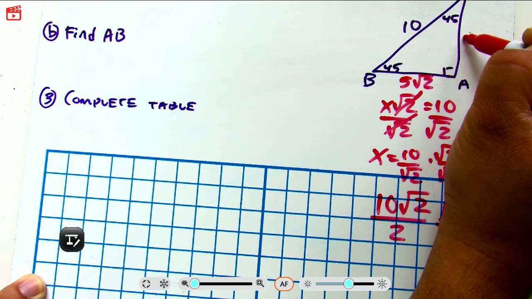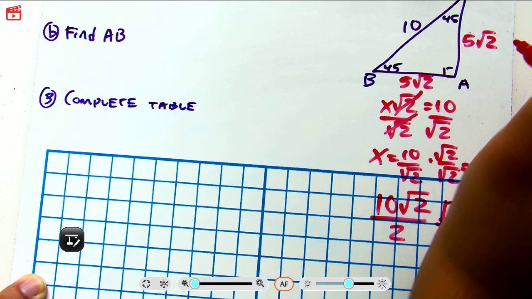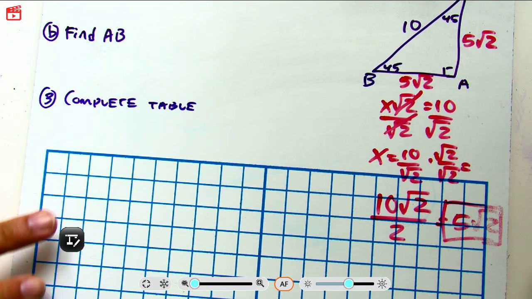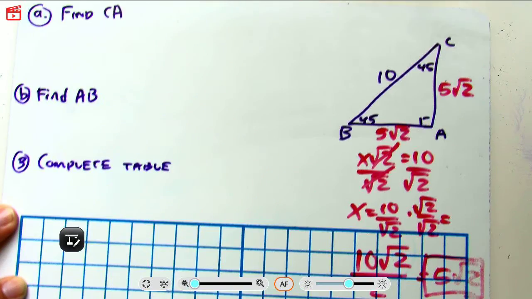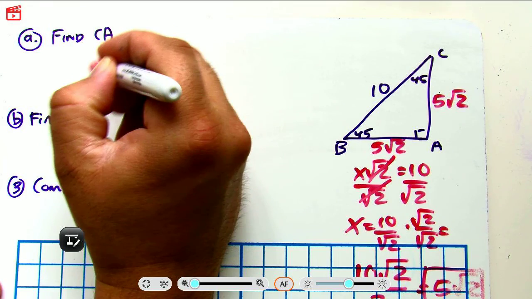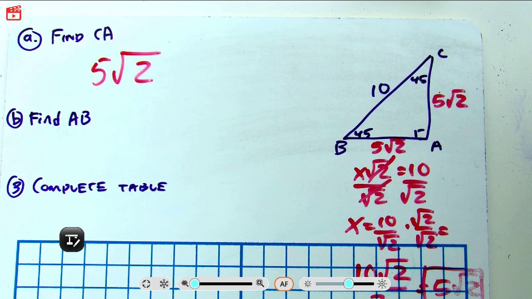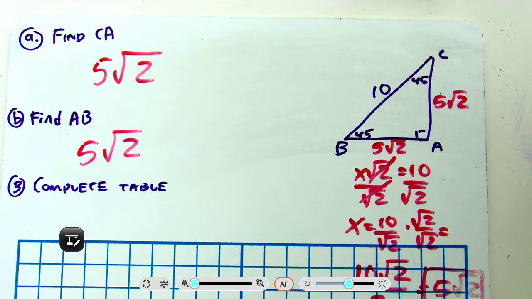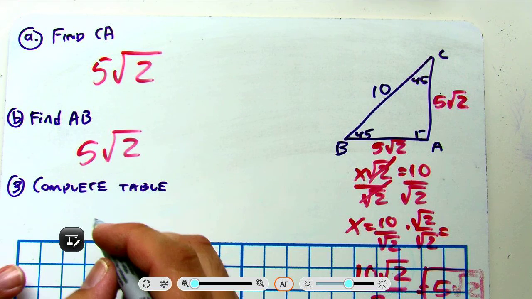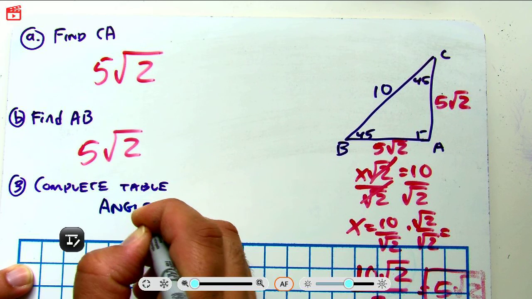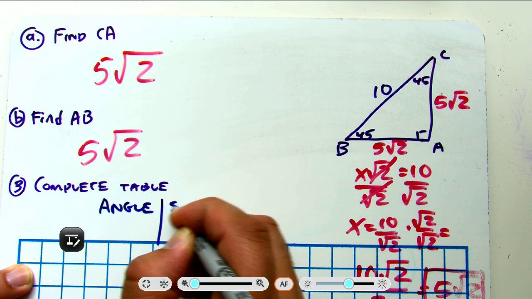So now I have all my sides. CA is 5 square root 2. AB is 5 square root 2. Now, if you want to complete the table, so you have the angle, the sine, the cosine, and then the tangent.